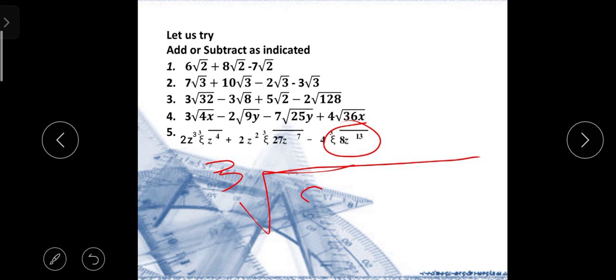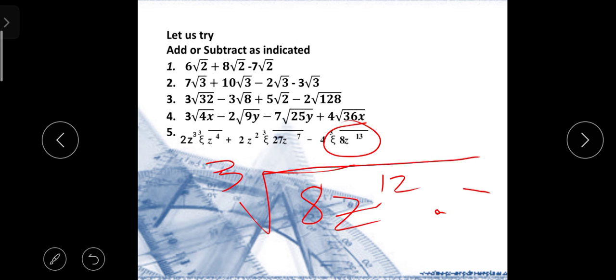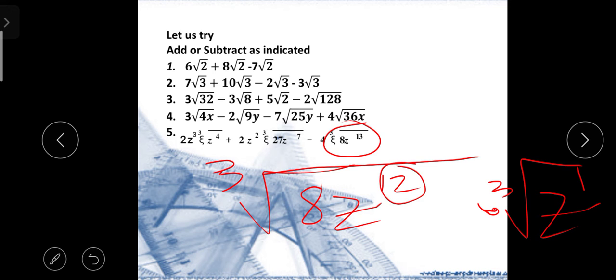So, meron tayong 8z raised to 12 times, paghiwalay natin, multiply by cube root of z. So, hiniwalay natin ito yung isang z, tapos ito yung 12 na z. So, ang total ng z natin is 13.